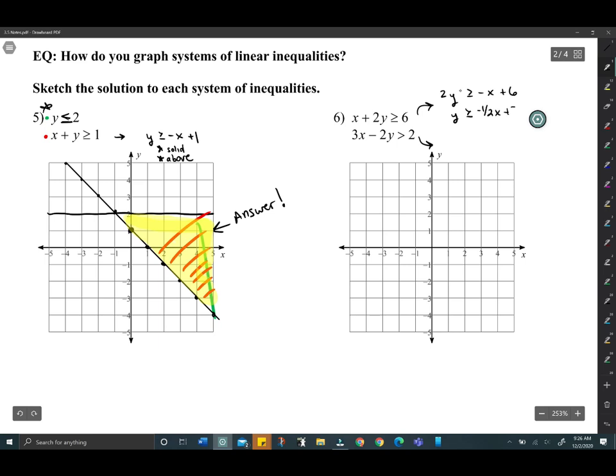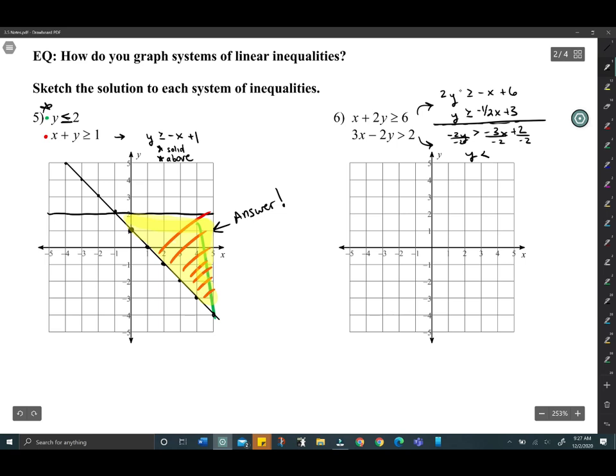Okay. Below, we're going to have -2y is greater than -3x plus 2. Divide by -2. Remember, that's going to change our sign. So less than positive 3/2 x minus 2.